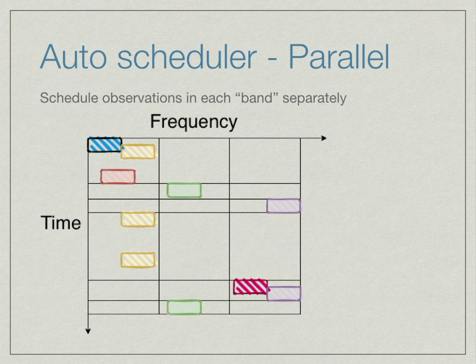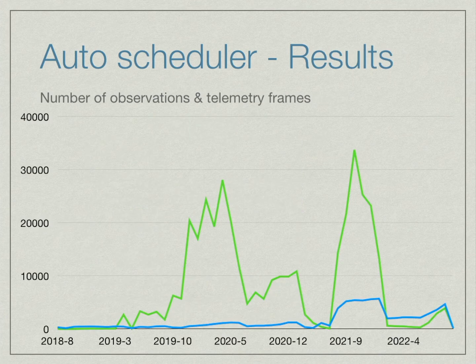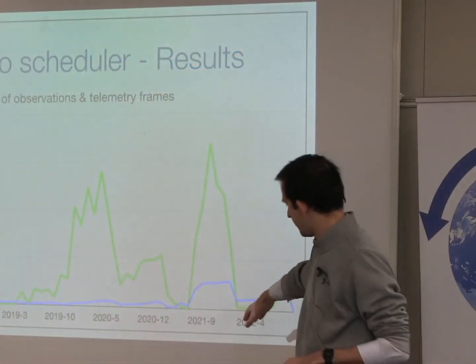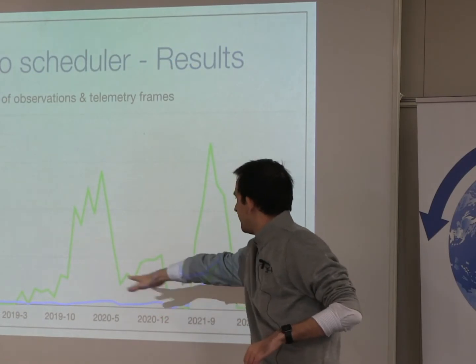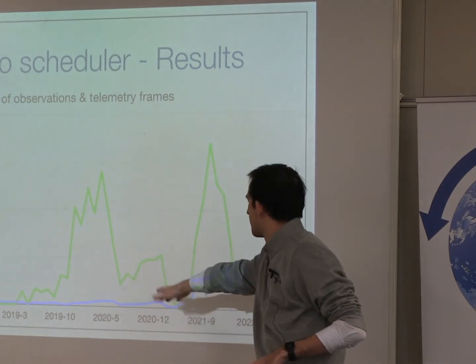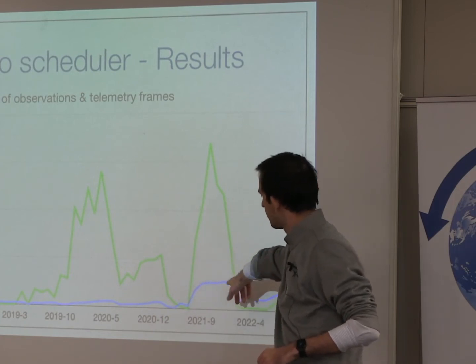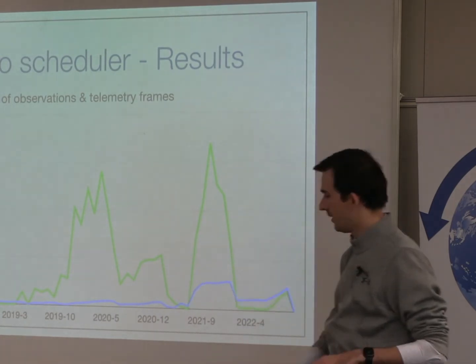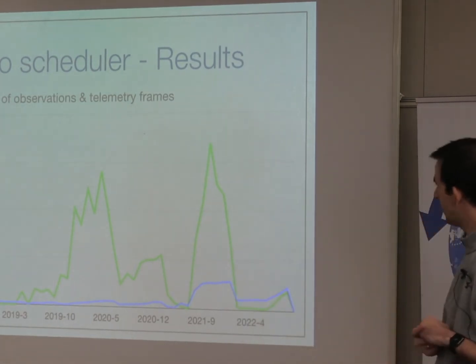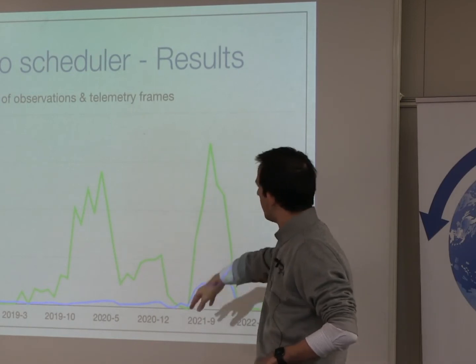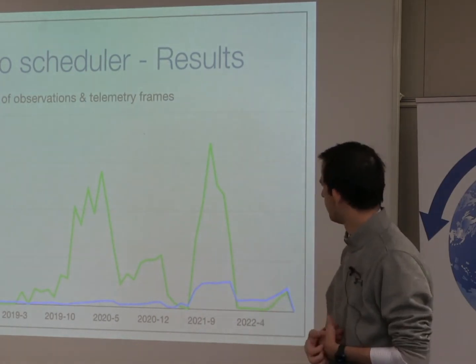And then I implemented it, of course. And this is what happened. This is on one of the stations. Before that, there was just a steady growth of the observations because of new satellites, etc. Then there was a spike in the observations. That's when I actually implemented this algorithm. As you can see, a lot of observations were coming in, and the number of telemetry, this green line, also spiked significantly.